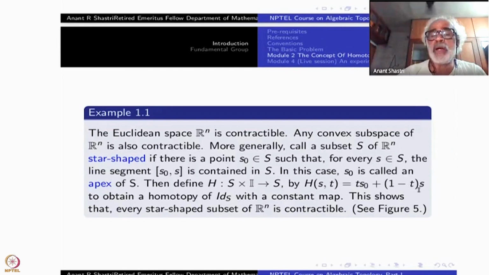S goes to S itself is the second map. I just join them. T times S naught plus 1 minus T times S. When T is 0, it is S, identity. S goes to S. When T is 1, no matter what S is, it is S naught, the single point.